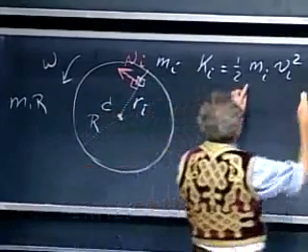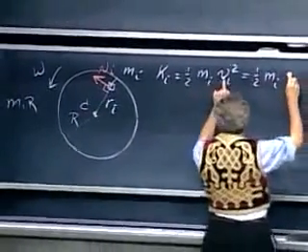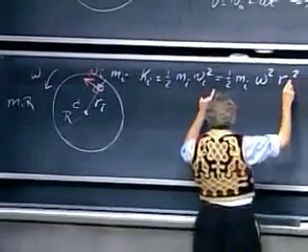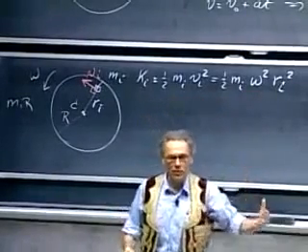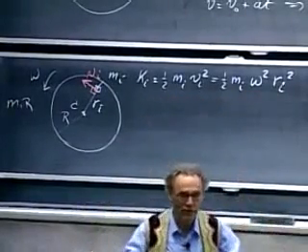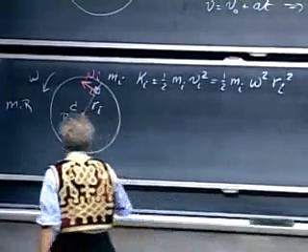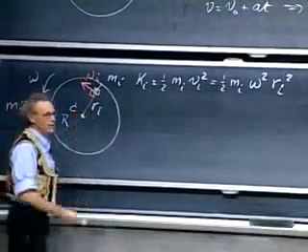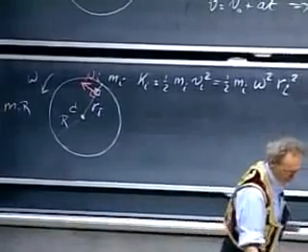And so I prefer to write this as 1/2 m of i omega squared r of i squared. The nice thing about writing it this way is that omega, the angular velocity, is the same for all points of the disk, whereas the velocity is not. Because the velocity of a point very close to the center is very low. The velocity here is very high. And so by going to omega, we don't have that problem anymore.